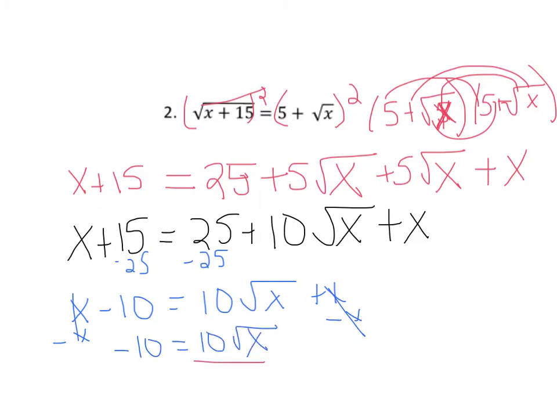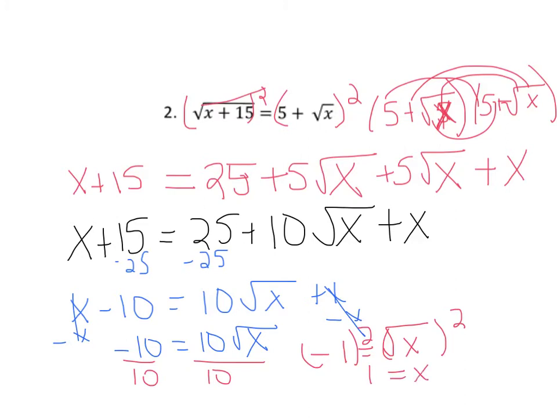My next step is to divide both sides by 10. So I get negative 1 equals the square root of x. Now, my last step to get rid of the square root is to square both pieces. Negative 1 squared is positive 1, which equals x.